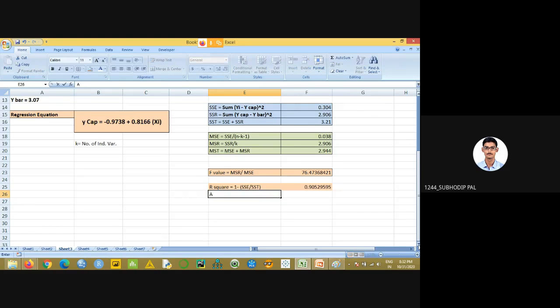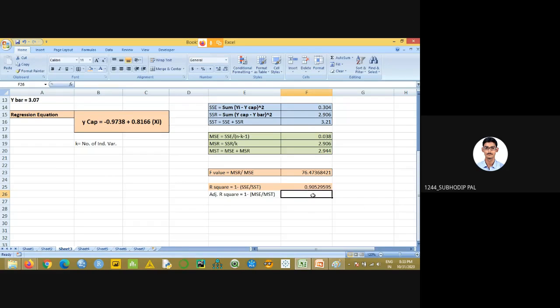Another one is what? Adjusted R square. Adjusted R square can be calculated as 1 minus MSE divided by MST.